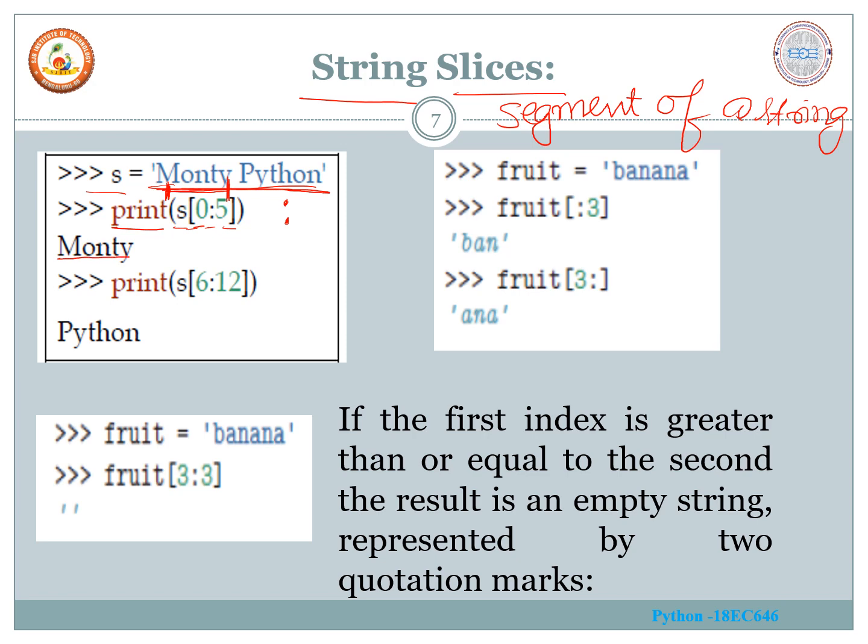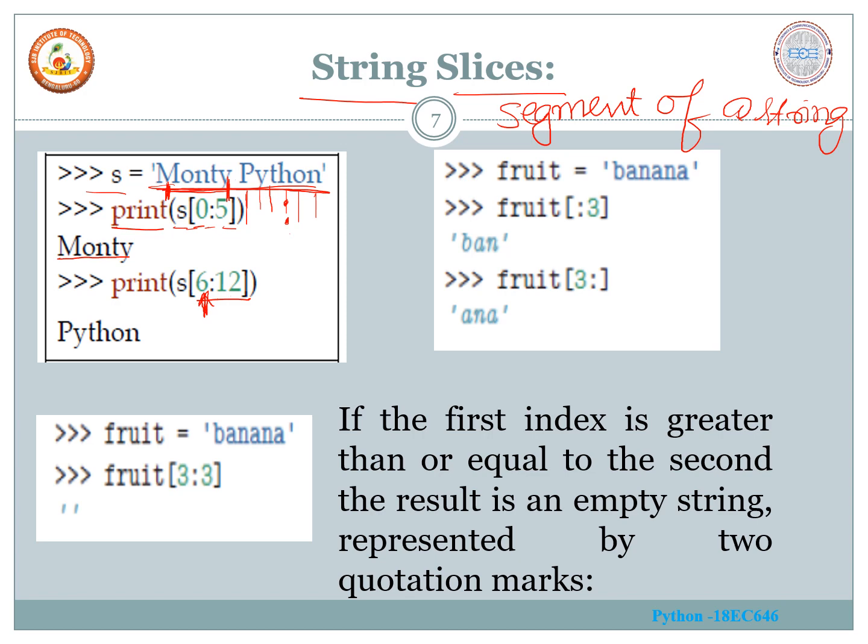So what is the result you are getting? It is Monty. Next, print s of 6:12. So what is happening? It is starting from the index position of 6. The index position 6 comprises of the space.